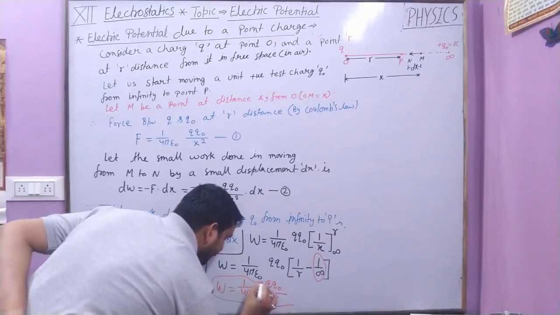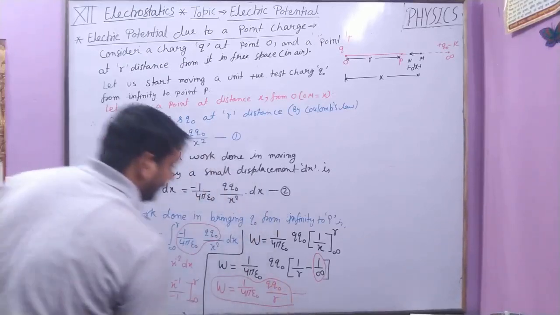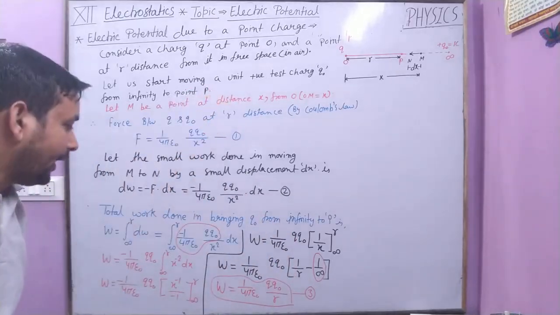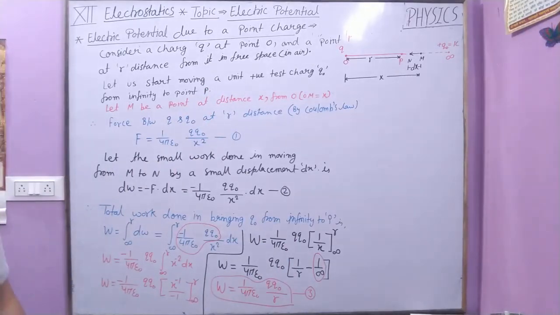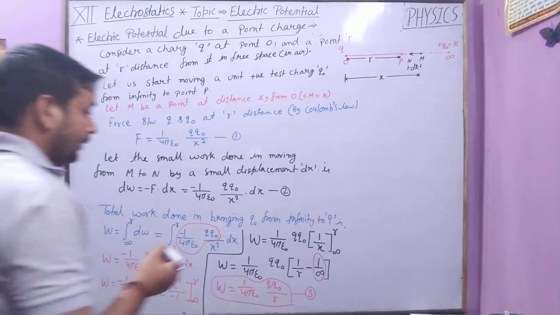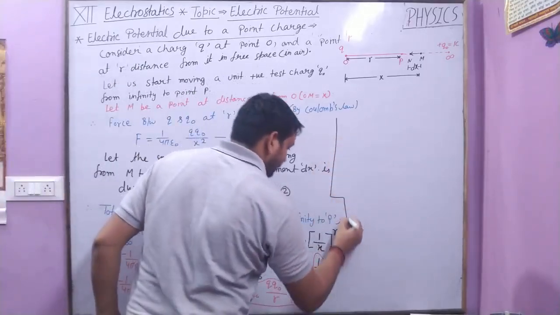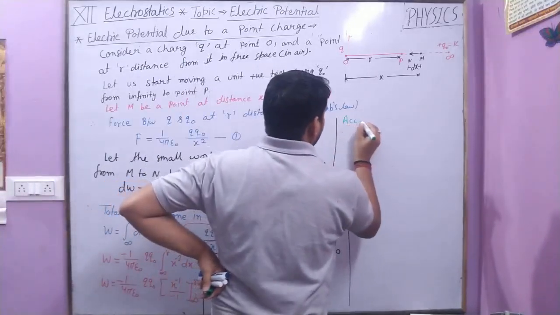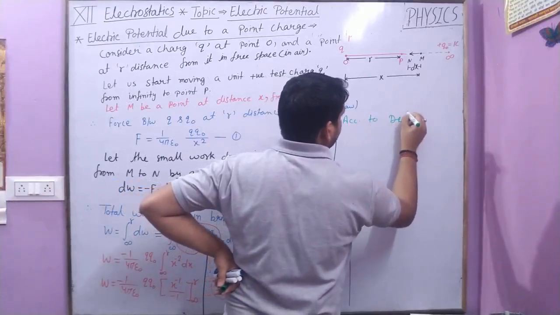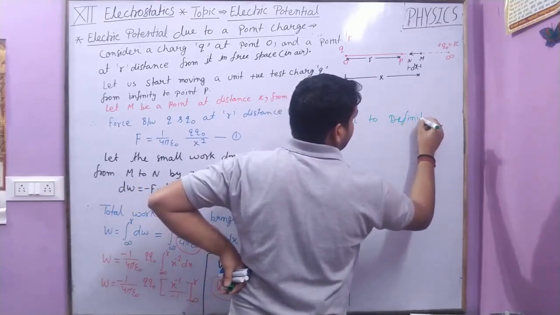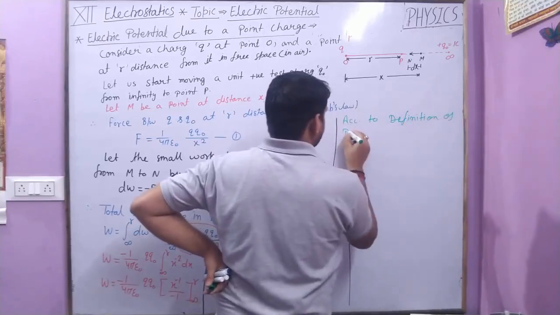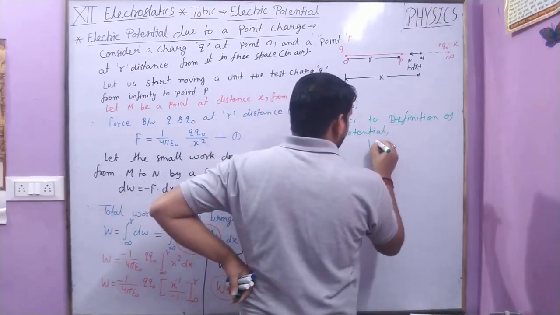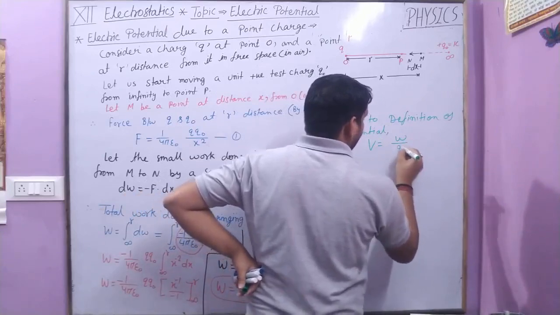This is the work done in bringing the unit positive charge from infinity to point P. Now according to the definition of potential, V is given by W upon Q naught.